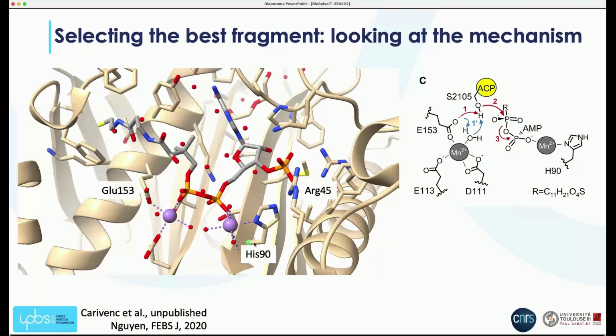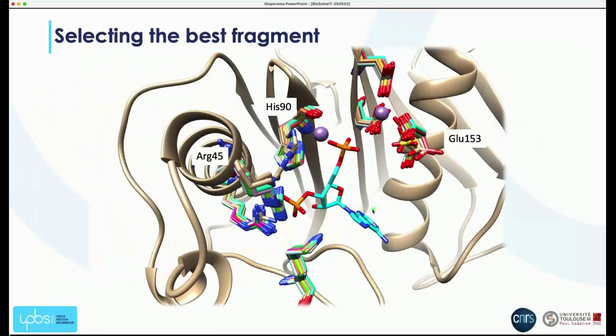So we will focus now on these three residues. On this slide, I've superimposed all the structures of the complexes with a fragment bound in this coenzyme A binding site, and I just show a few side chains in this binding site.